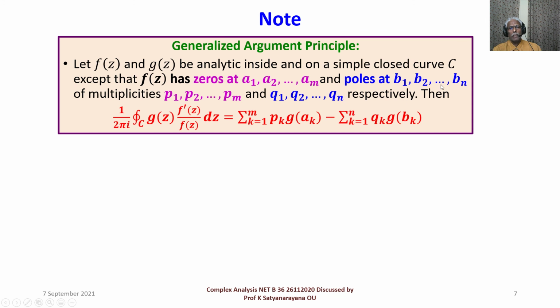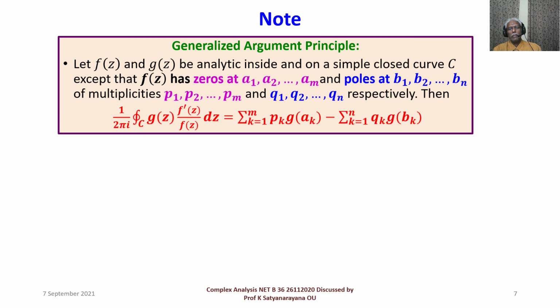Then your answer will be: sigma will not be there, only one term, that is p1, which is q into g of a1. A1 is z naught, g is z to the power of p. So it will be q into z naught to the power of p. So the answer will come from this theorem as a particular case.